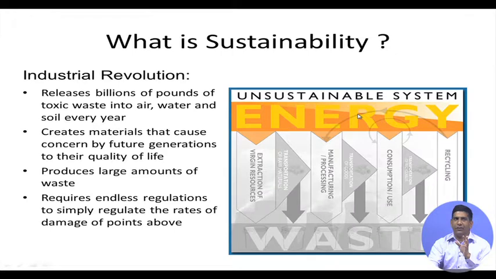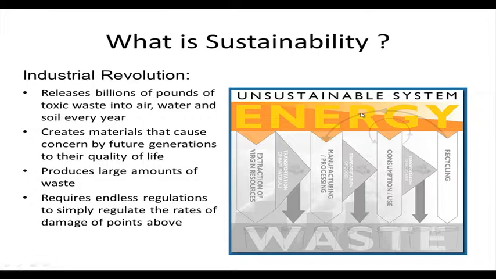We have to design for sustainability. In terms of the industrial revolution, when we started producing, the figure you see over here is essentially what we call a linear economy. A linear economy is when you take extraction of virgin resources, and on top you see the energy, that orange color, and the small triangles coming out show the energy input in each of these systems.